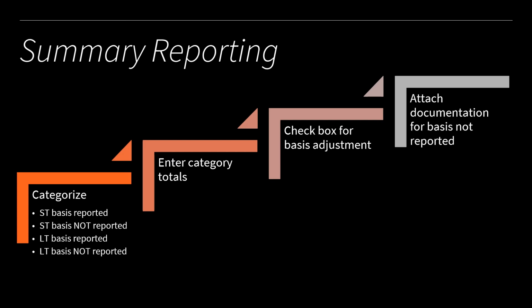And then if it was a situation where the basis was not reported, we would need to be attaching some documentation, which could be scanned, or we could send our taxpayers off with a printed out 8949 and the documentation for the basis with that.